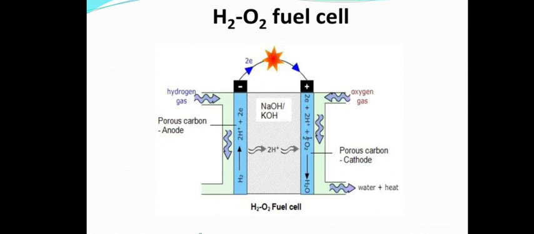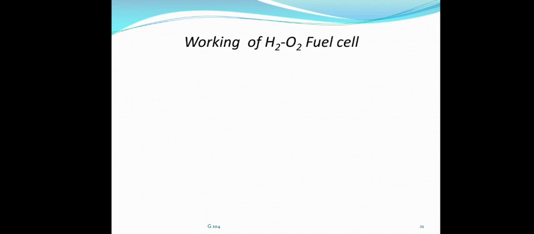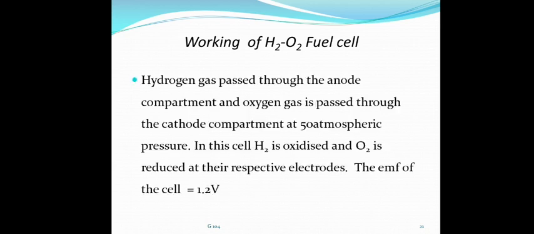So let us see the reactions. Working of the H2O2 fuel cell. Hydrogen gas is passed through the anode compartment and oxygen is passed through the cathode compartment at 50 atmospheric pressure. In the cell, H2 is oxidized and oxygen is reduced at their respective electrodes.